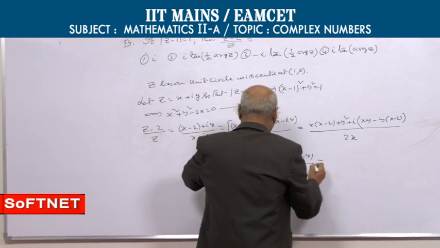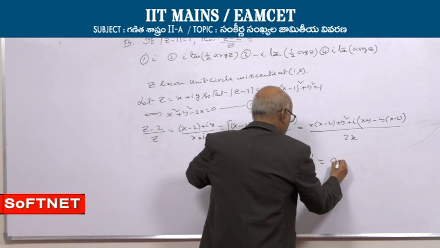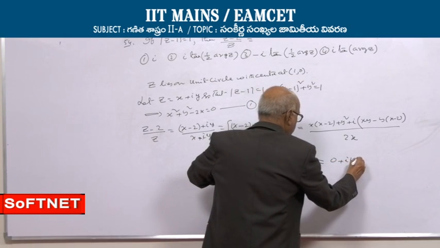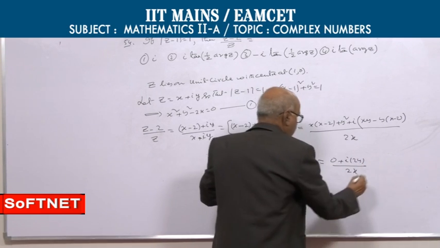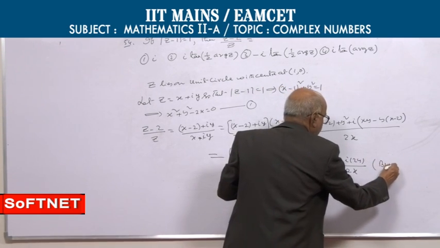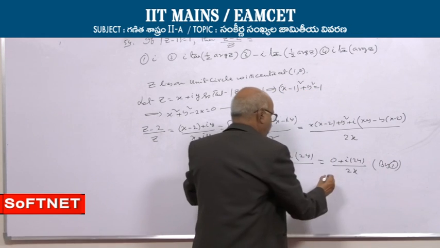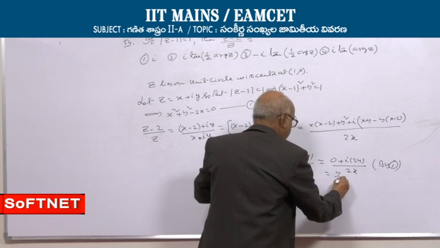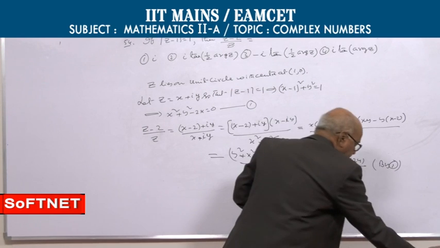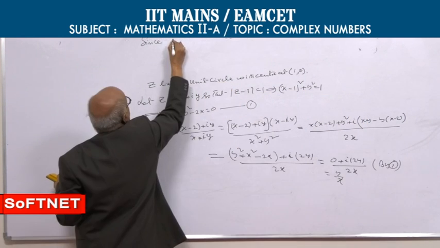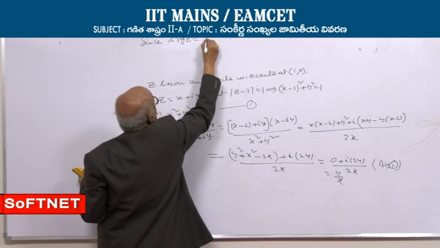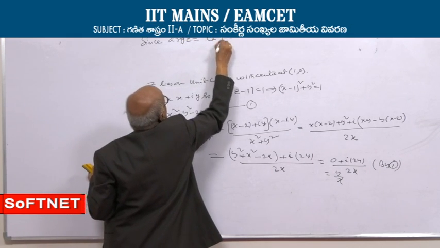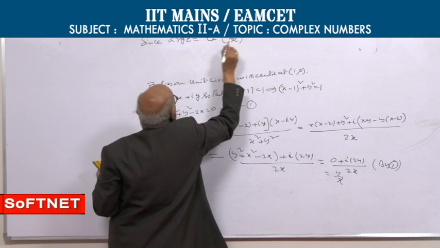So this is equal to 0 plus I 2y by 2x. This is by 1. So which is equal to y by x. And y by x is nothing but tan of arg Z, since arg Z is equal to tan inverse y by x.